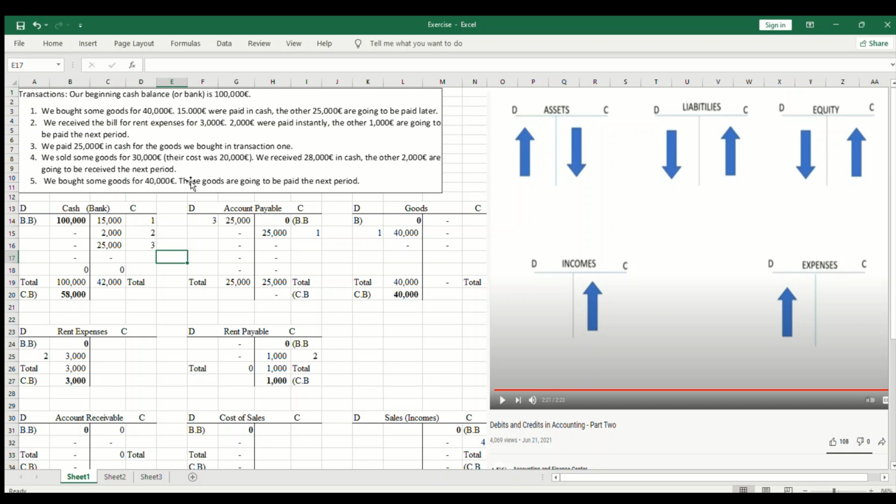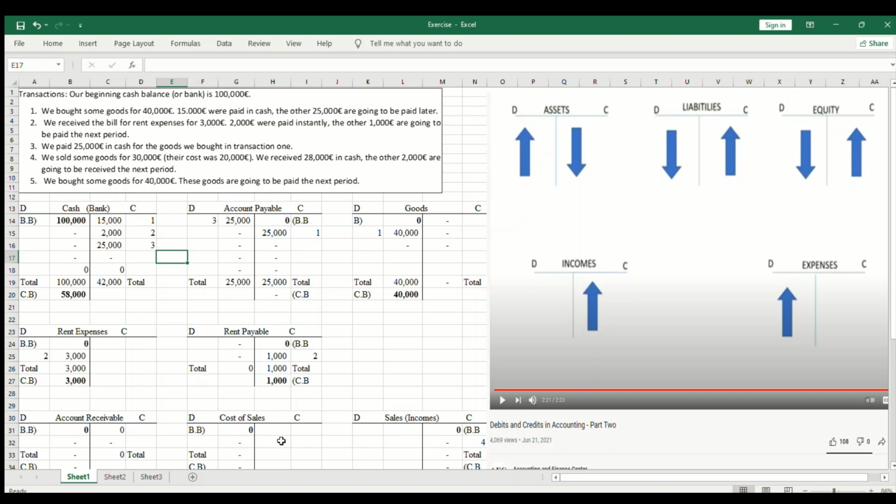So in this transaction, we have to recognize incomes for 30,000 euros, even though we received only 28,000 euros because of the accrual principle, which says incomes are recognized and recorded in the time period in which they occur, regardless of when we receive cash.